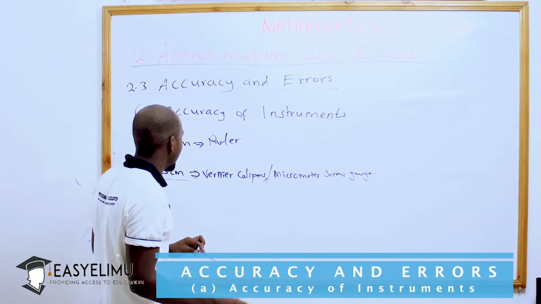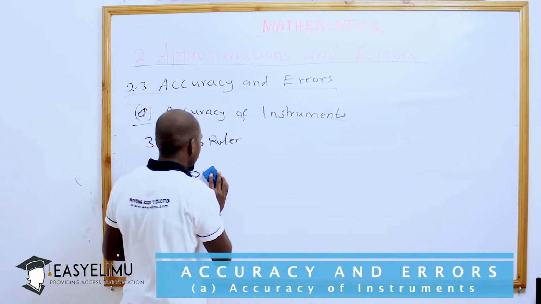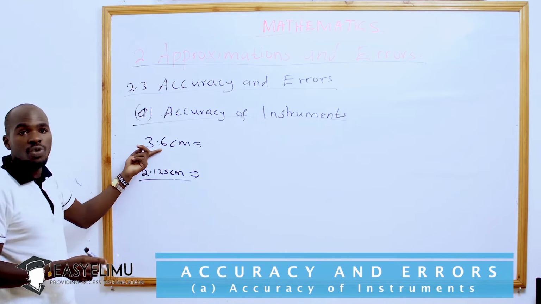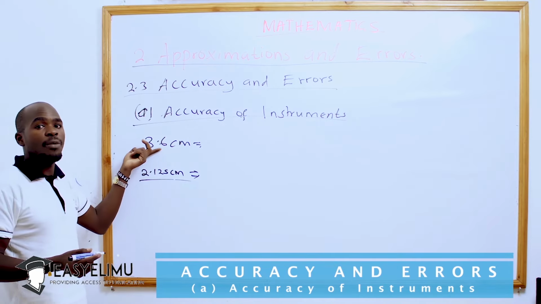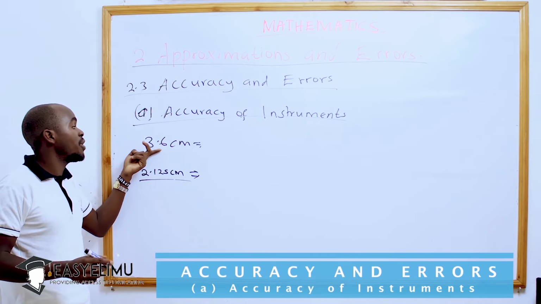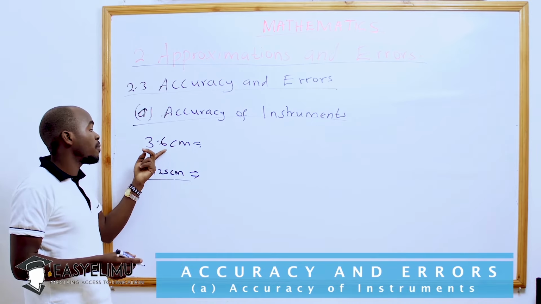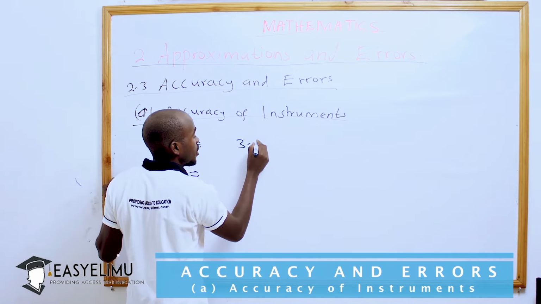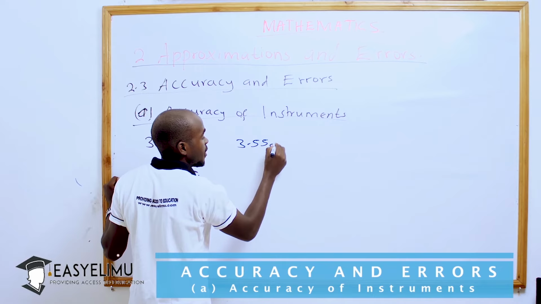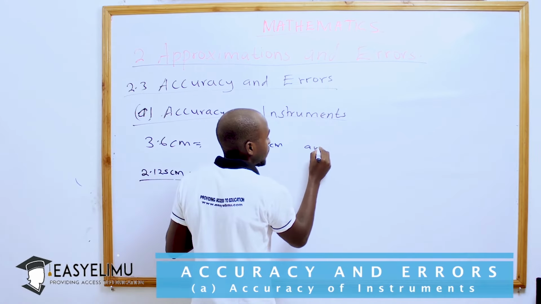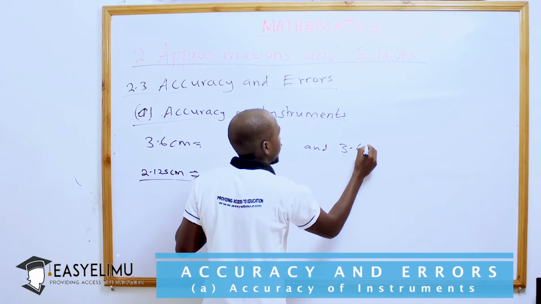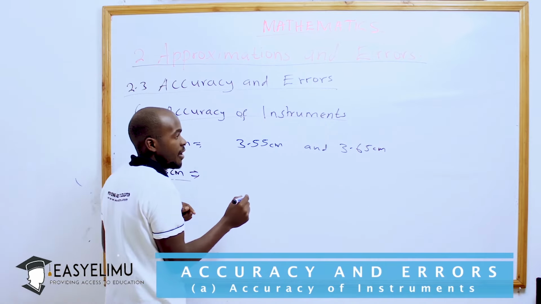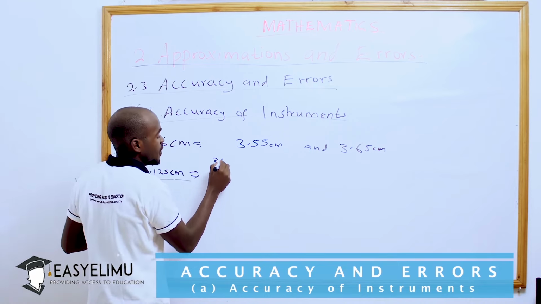We can witness that if you use a ruler in this case, the value we have found here is just an approximation of the exact value. So it's just close to 3.6 centimeters, meaning that this measurement lies between 3.55 centimeters and 3.65 centimeters.